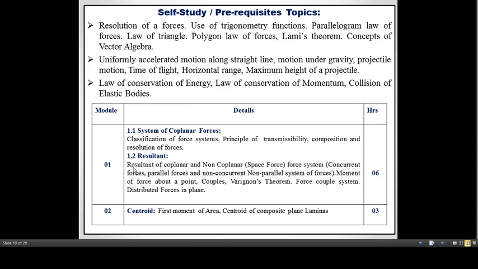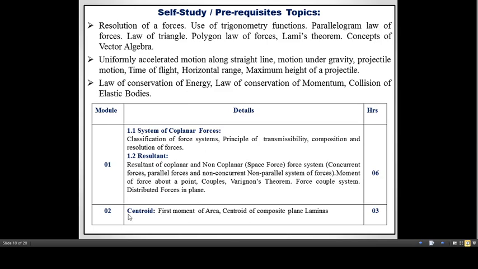In the next point, we'll discuss the resultant of coplanar and non-coplanar force systems, parallel forces and non-concurrent, non-parallel system of forces. Moment of a force about a point, couples, Varignon's theorem, force couple system, distributed forces in a plane.